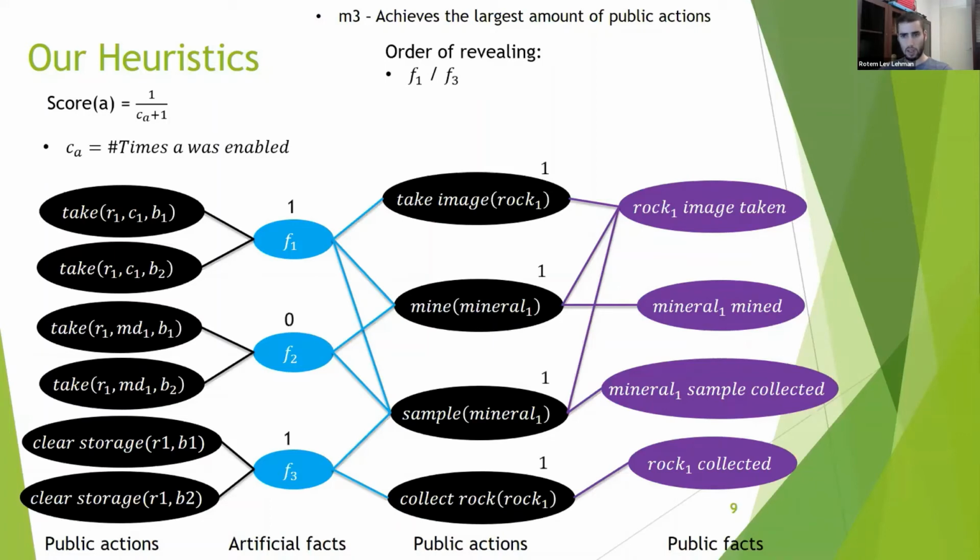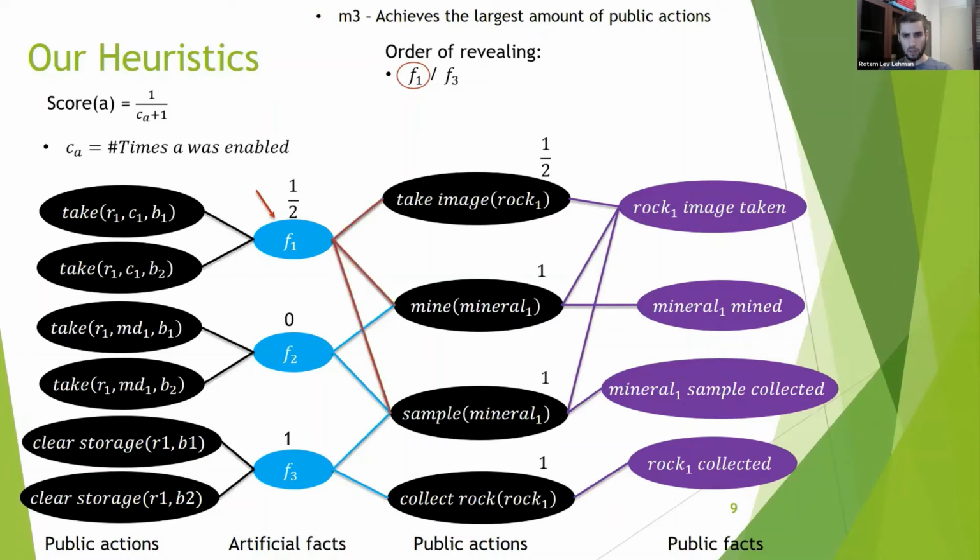So at the beginning, each action has a score of 1 because none were already enabled. If we indeed pick to publish F1 in the first round, then the score of take image rock 1 will be decreased to half, while the other actions will remain at a score of 1 each.